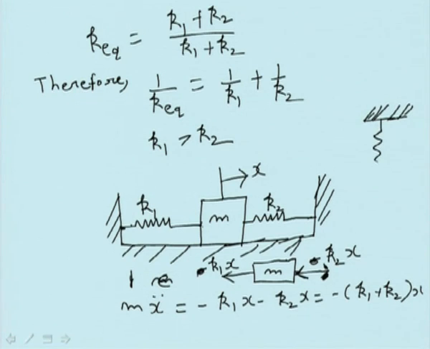Here they are in series because this is the thing, and then after that another spring is there, it gets stretched, so they are in series. This point goes by some x amount, and with respect to this point it may move another distance.